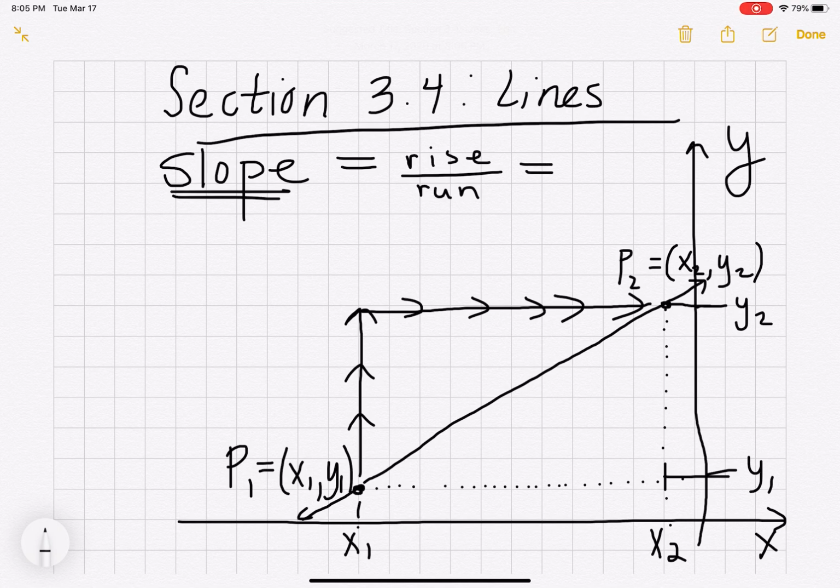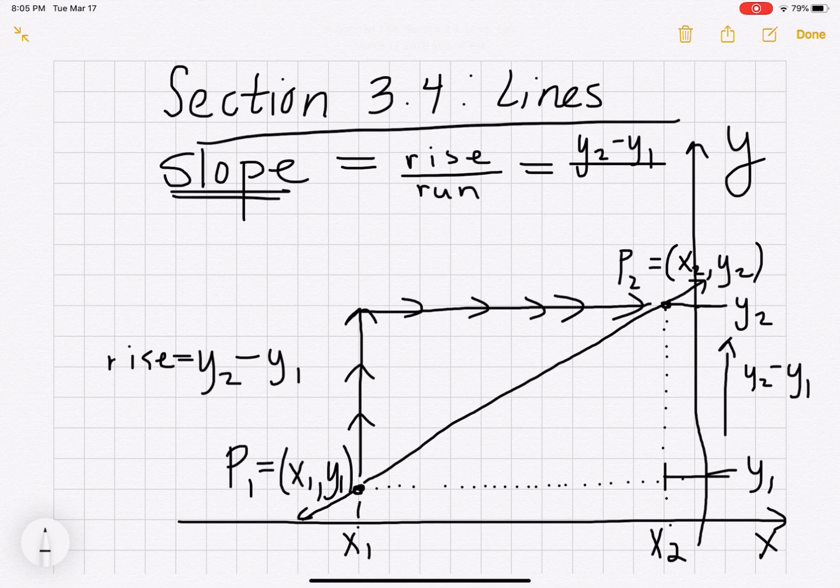So let's come up with an equation for the slope, rise over run. If you imagine the distance here between y2 and y1, you're going to take the larger number, y2, minus the smaller number, y1. So that's your rise, y2 minus y1. That's how much you're going up. So here, in place of rise, I'm going to put y2 minus y1.